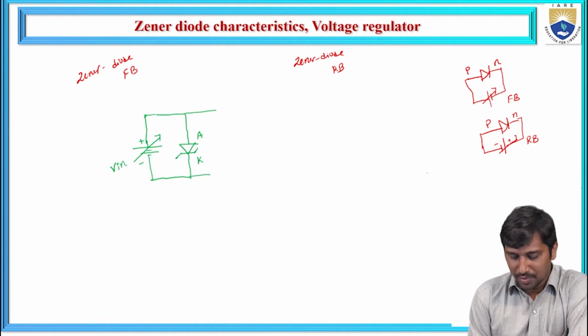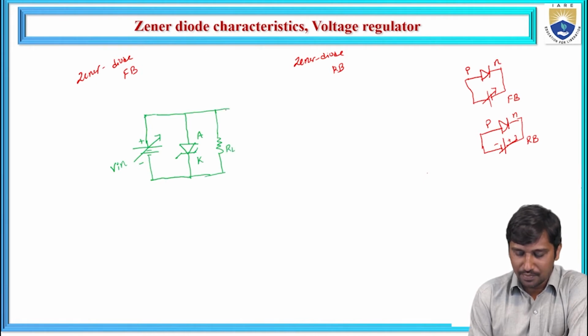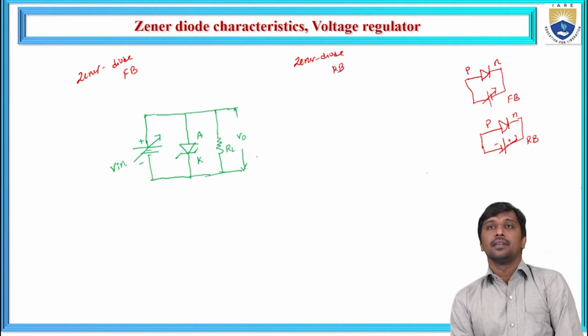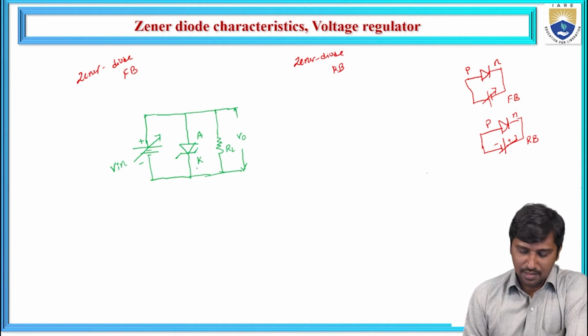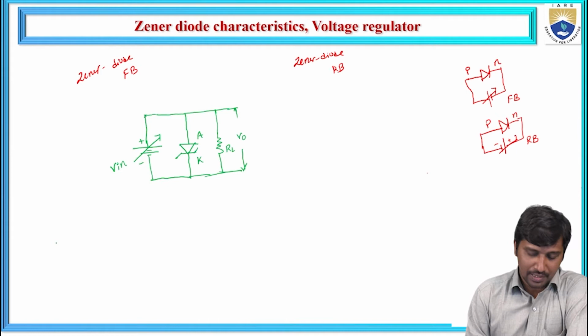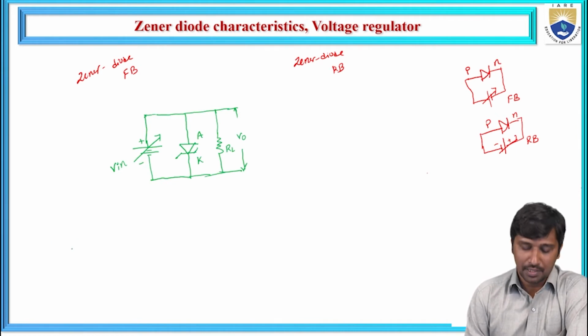Then I am going to measure the output voltage across this load resistance, and from this we can say that the Zener diode acts as forward biased. Under this condition, if you understand this principle, let us consider the normal PN junction diode.